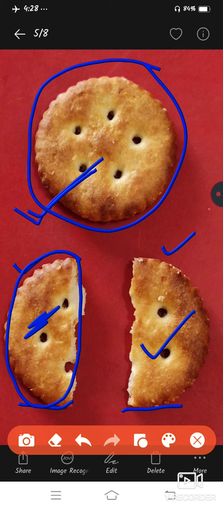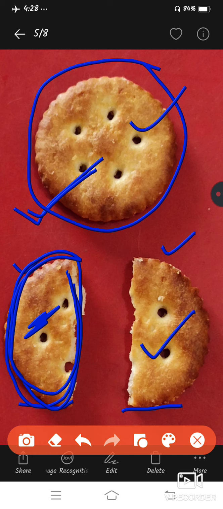Half of the biscuit. I think it will be clear to you now. This is one whole of the biscuit. I break it into two pieces, this and this. This is one half, and this is the other half of the whole. So the part which I have is nothing but half of the biscuit.